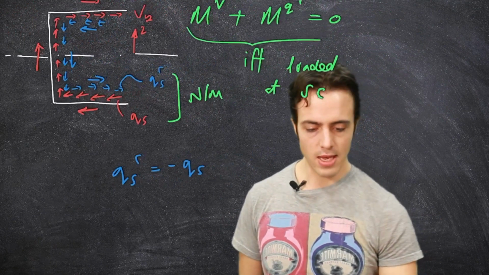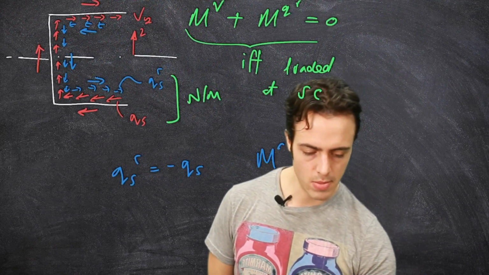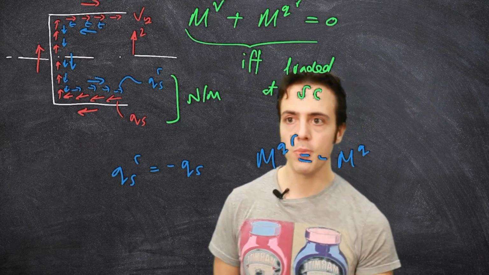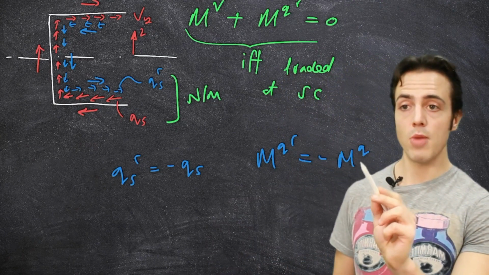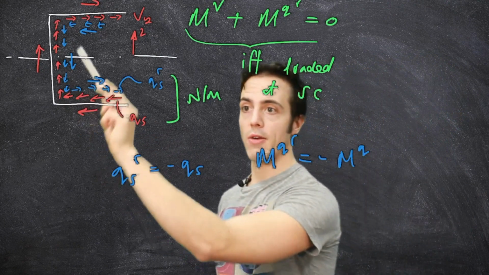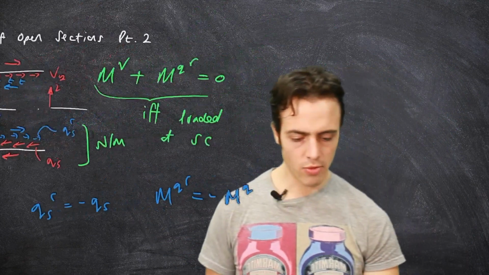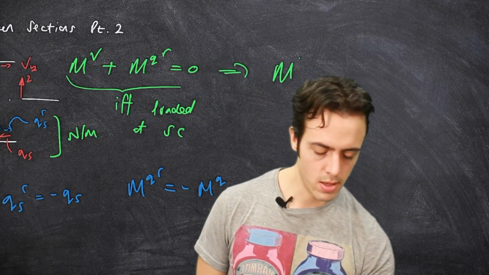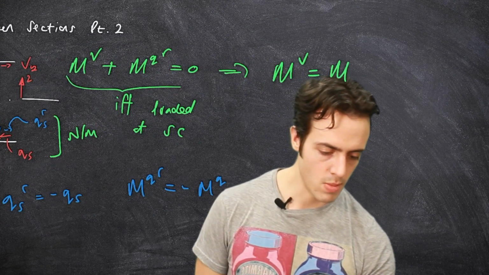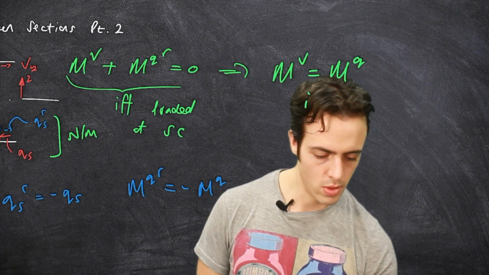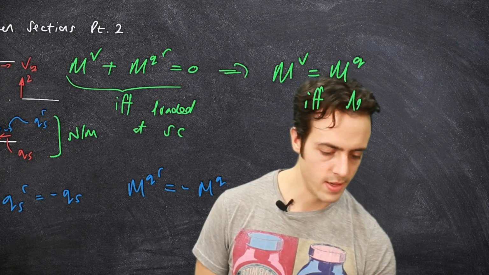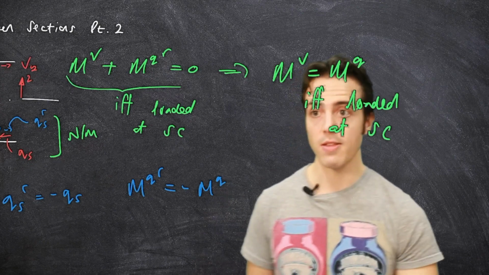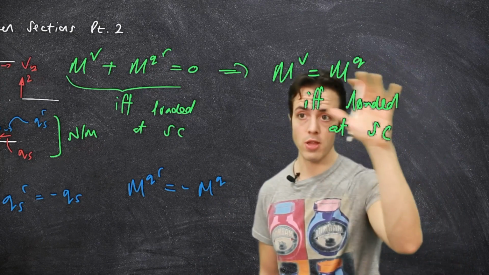We can actually just say that QR is equal to minus MQ, which would be the integrated moment, the moment due to the internal red arrows. Then we can just replace this expression up here with MV is equal to MQ if and only if loaded at the shear center. Okay, so this is the equation we can use.